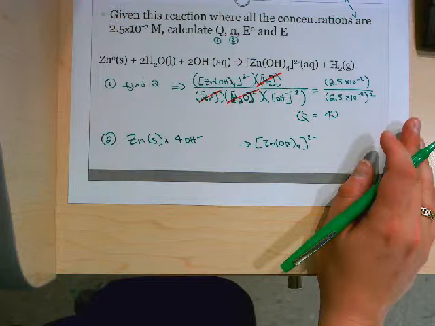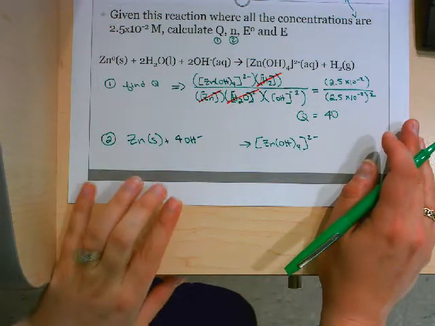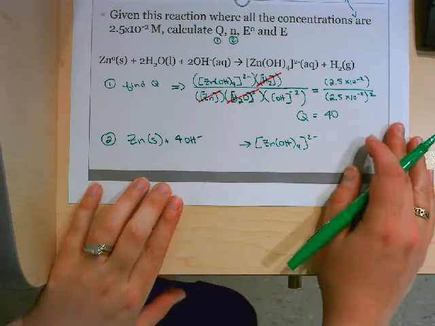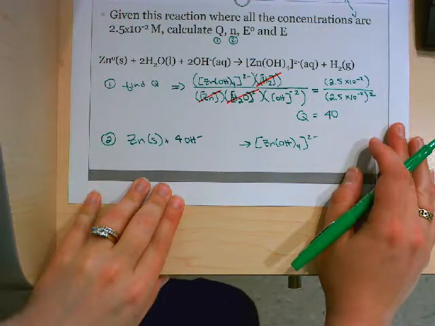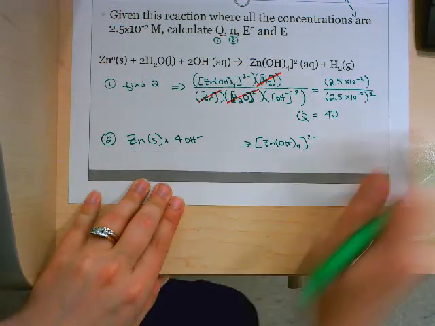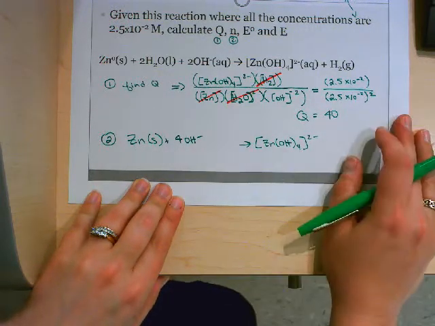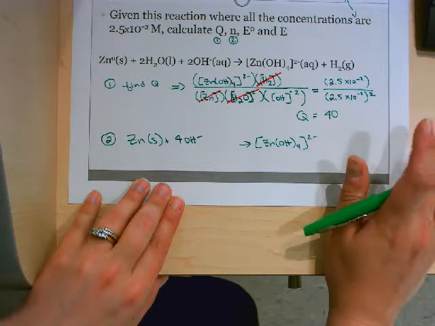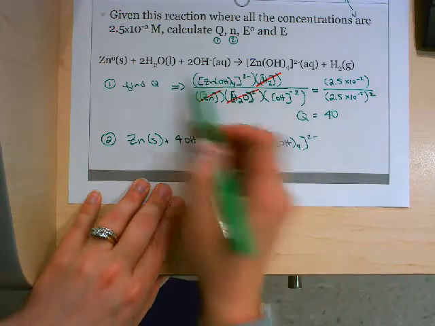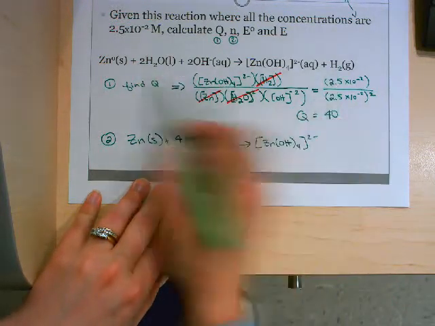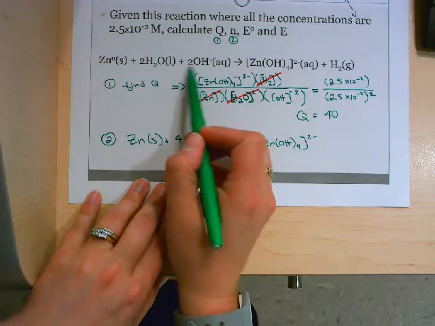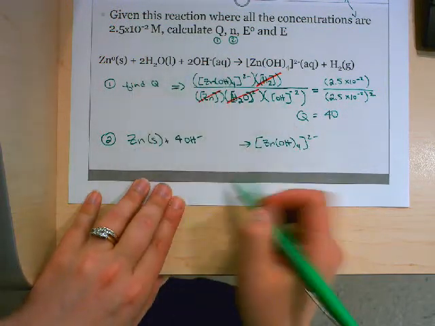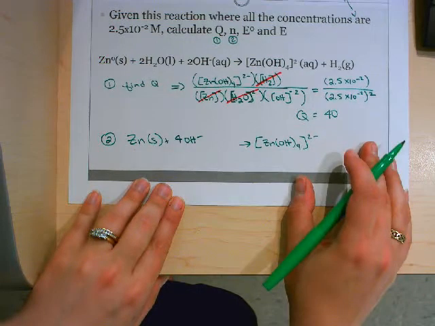So if that is the case, have I now mass balanced this half reaction? I put in a zinc and 4 hydroxides, I got a zinc and 4 hydroxides. Mass, yes, good. Mass, we're all set. We'll worry about these guys up here in a minute. The fact there's only 2 up here, we'll come back to that. But looking at this mass-wise, we look good.